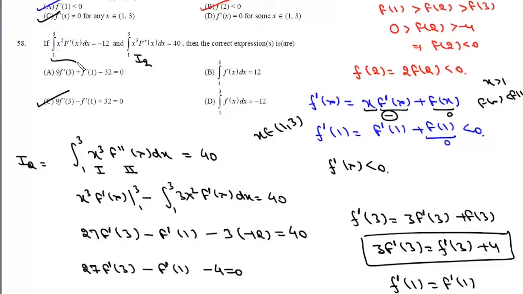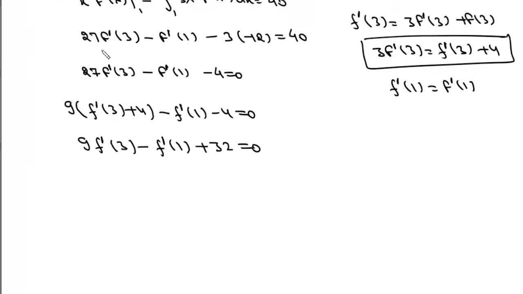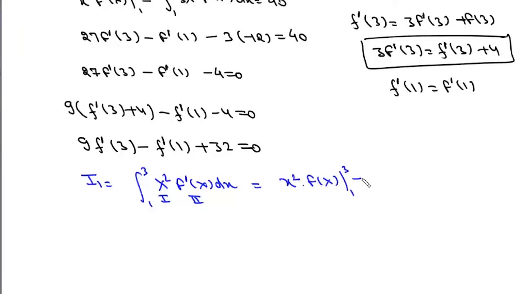And if we start with this first integral, if we take it as I1, then we can write this I1 as the integral from 1 to 3 of x² f'(x) dx. Now we'll take this as first function and this is second function, so it will be x² into capital F(x) from 1 to 3 minus the integral from 1 to 3 of 2x F(x) dx, and it is given that it will be equal to -12.